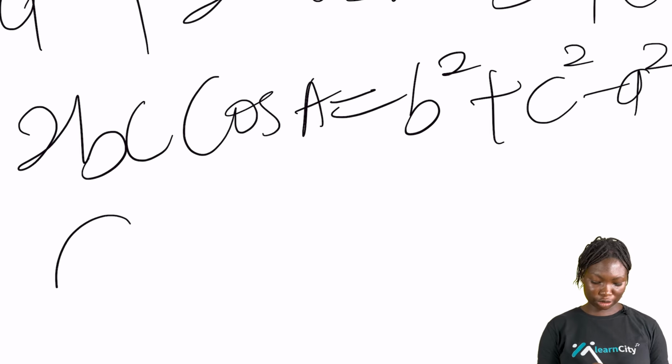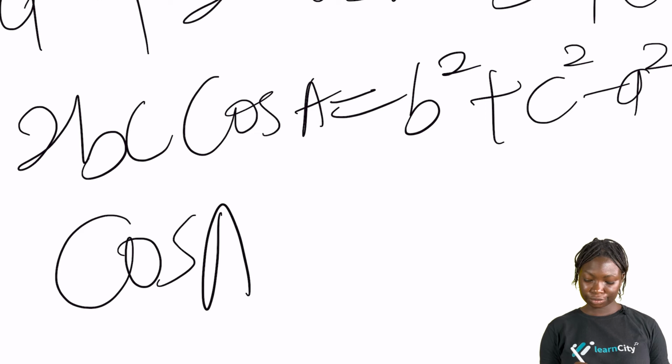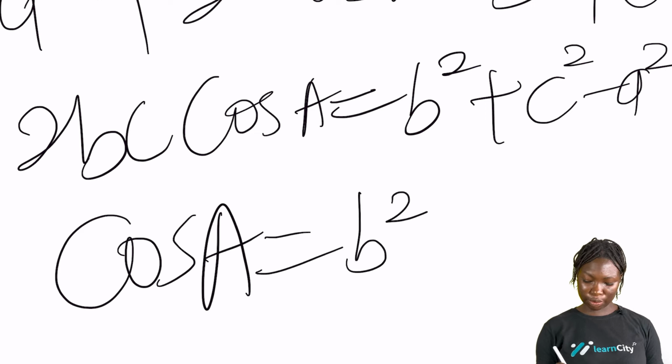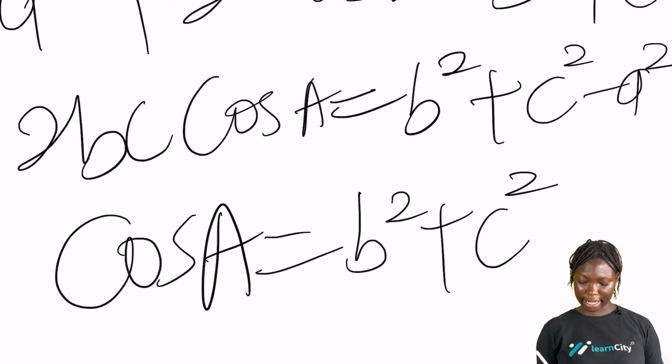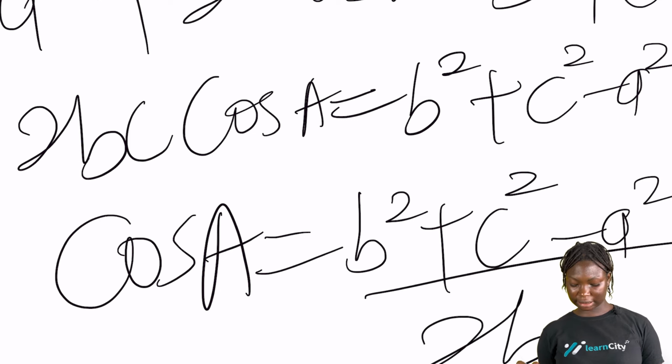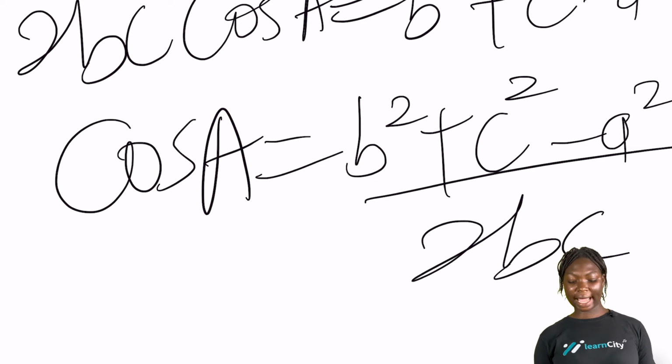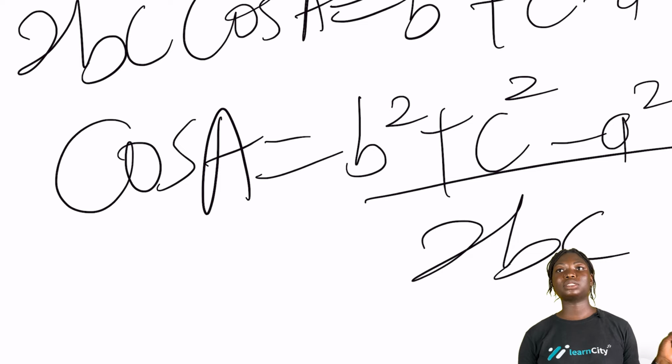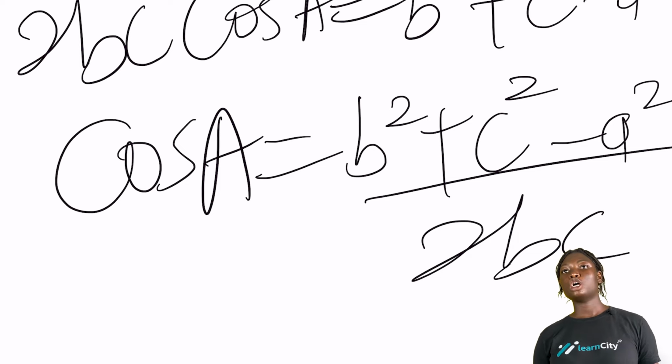So cos A is B squared plus C squared minus A squared over 2BC.